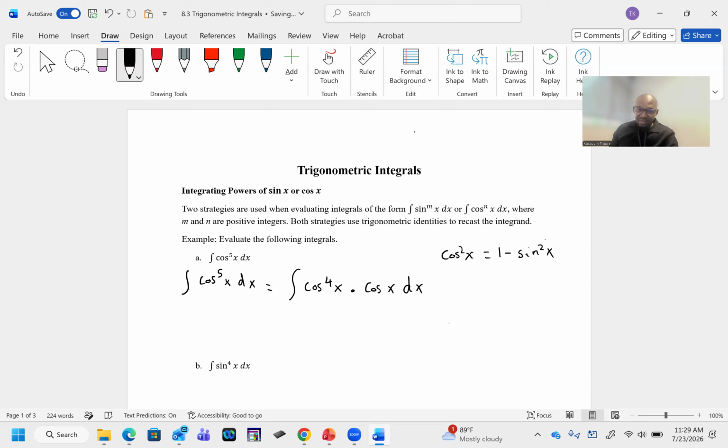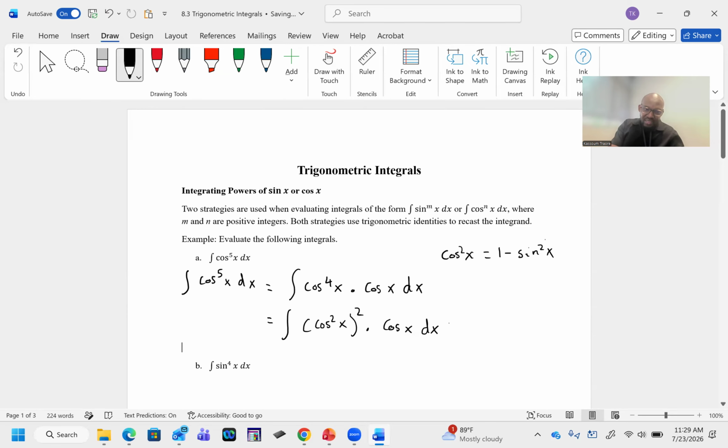I'm going to go step by step so you can see. I know cosine to the power of 4 x is the same thing as cosine square x squared times cosine x dx, right?